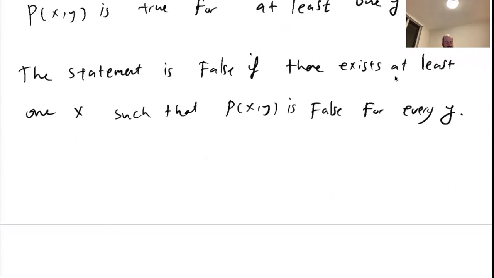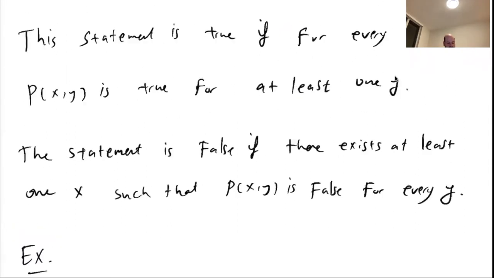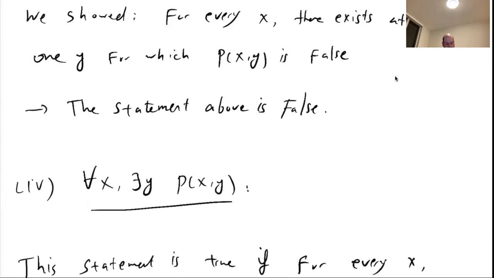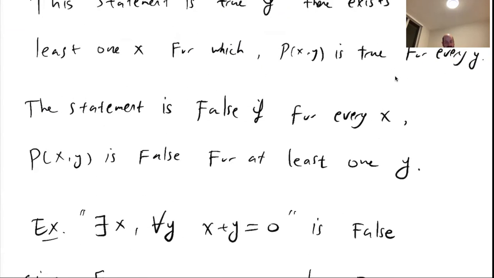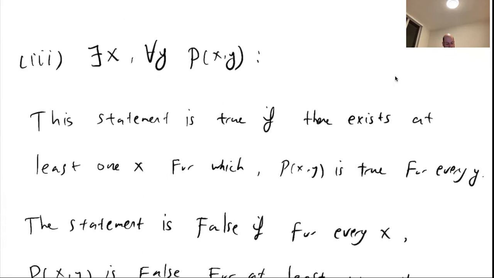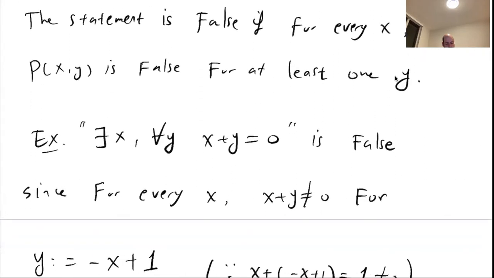So let's look at a mathematical example again. For each x, there exists y such that x plus y equals 0. Please remember the previous case, which looked similar to this, but the concept was different: there exists x for each y such that x plus y is 0.